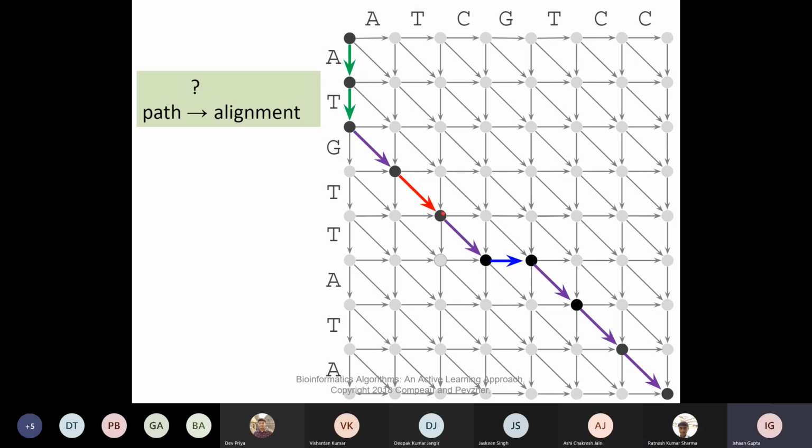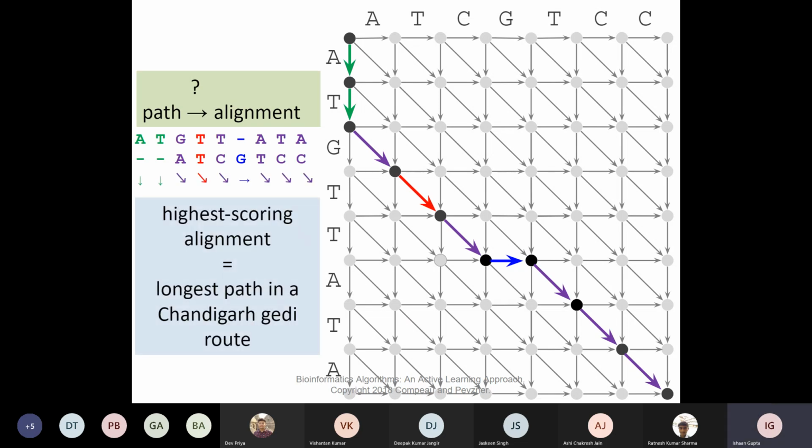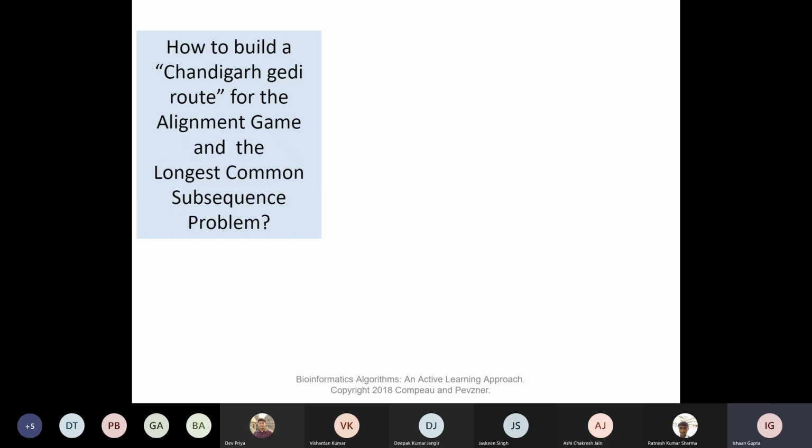GTTA is matching to ATC, right? Then there is a gap here, and then TCC is mapping to ATA, right? So a path in this kind of representation of the two strings is akin to an alignment. The highest scoring alignment is equal to the longest path in such a route. So now the goal is to build a route for the alignment game and the longest common subsequence problem.